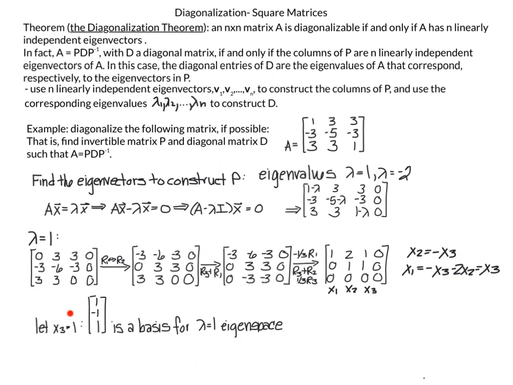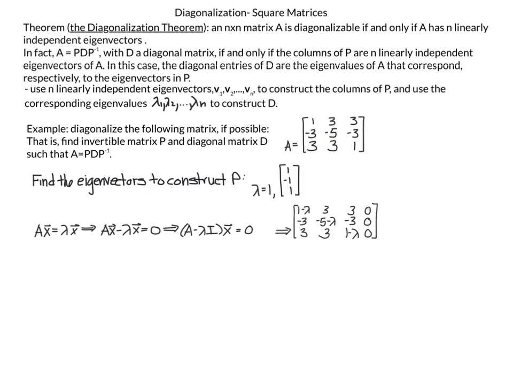So 1, minus 1, 1 is a basis for my lambda equals 1 eigenspace. And also this 1, minus 1, 1 is my eigenvector associated with lambda equals 1.